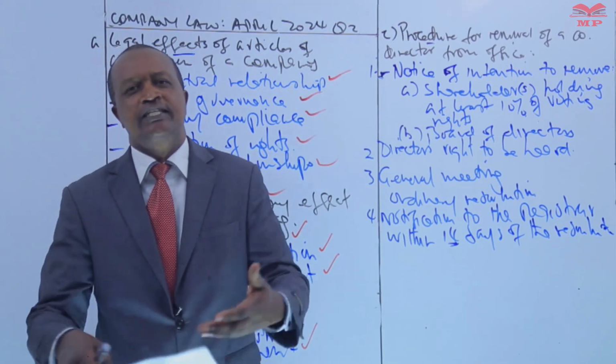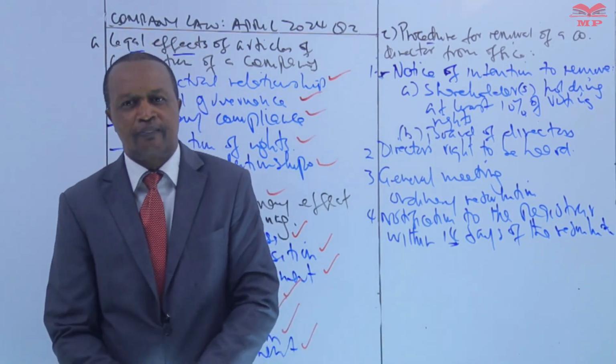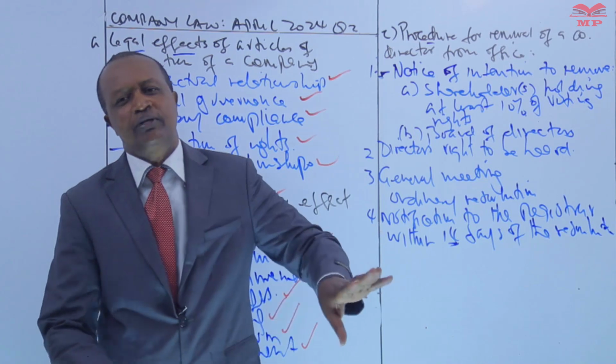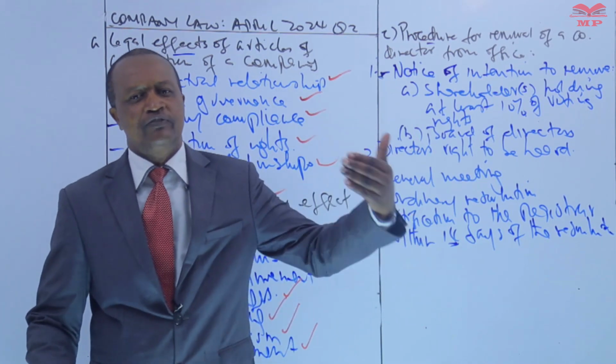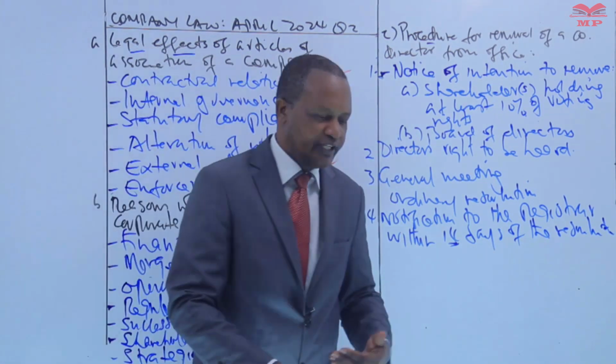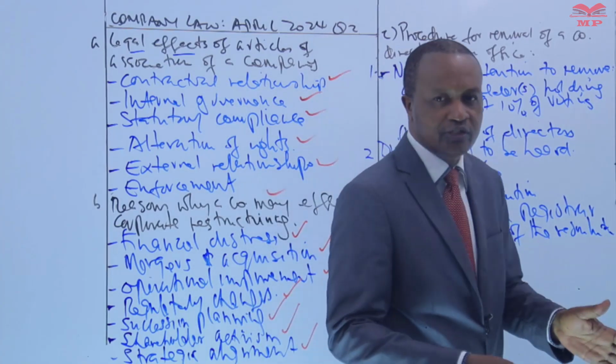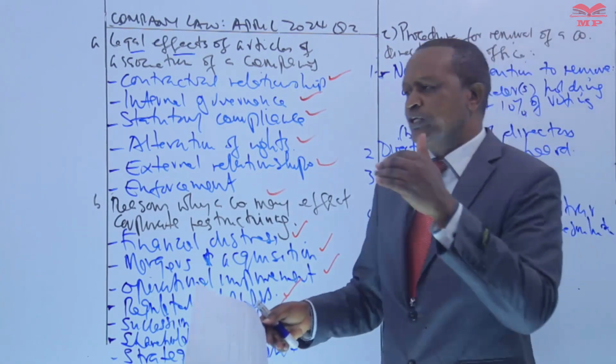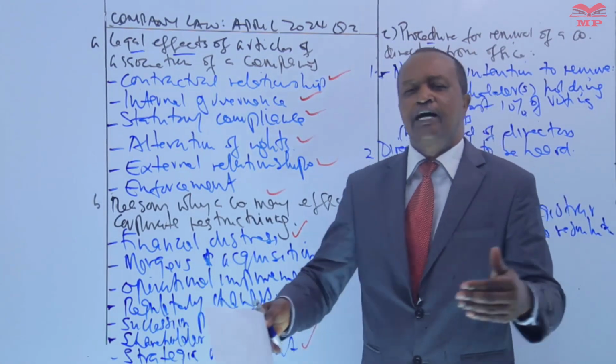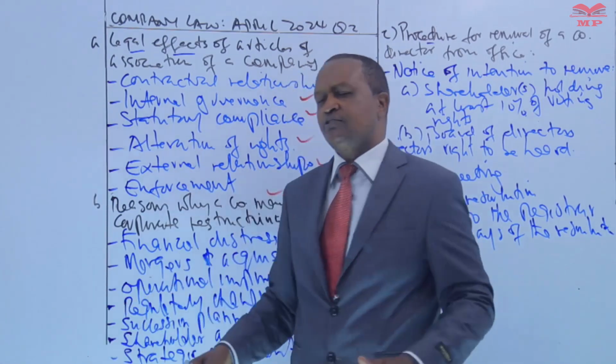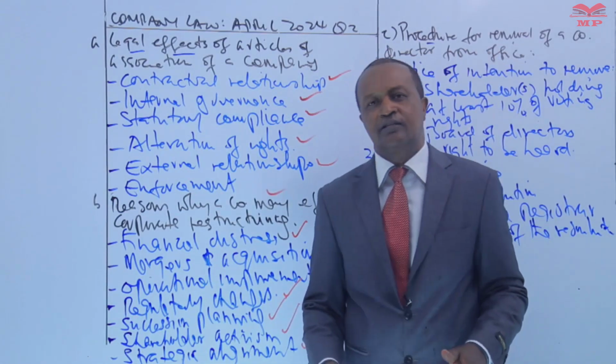Then, of course, there is the issue of compensation. The director may be entitled to compensation or even damages if their removal is in breach of their contract or in breach of the Companies Act.